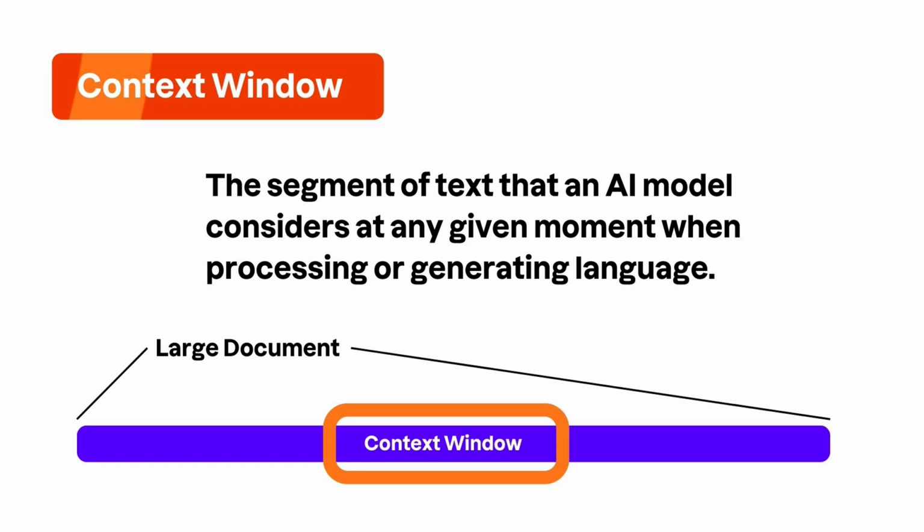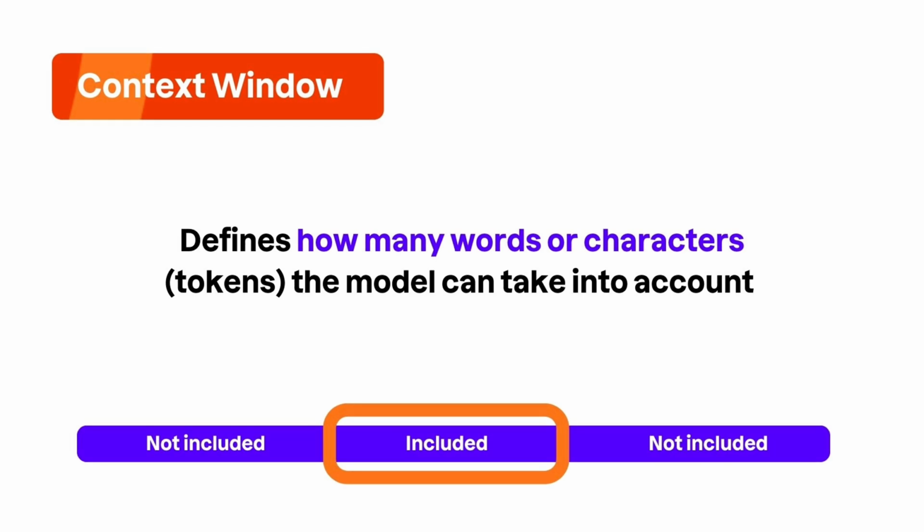A context window is the segment of text that an AI model considers at any given moment when processing or generating language. It defines how many words or characters, which are tokens, the model can take into account to understand the current context and make predictions or generate new text.